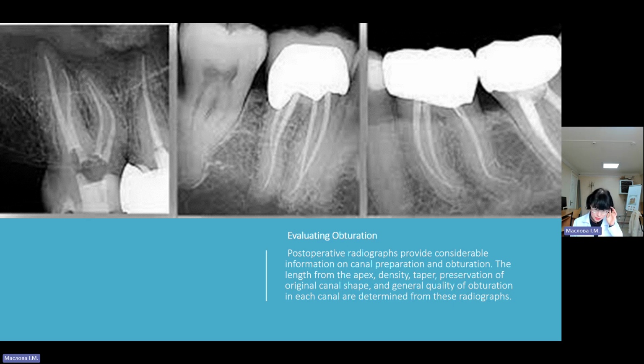Postoperative radiography lets us understand the quality of the root canal obturation and the presence of positive effects and absence of side effects too. Endodontic treatments tend to have very high success rates in spite of the fact that they are quite an invasive, difficult procedure, especially in complex anatomy.